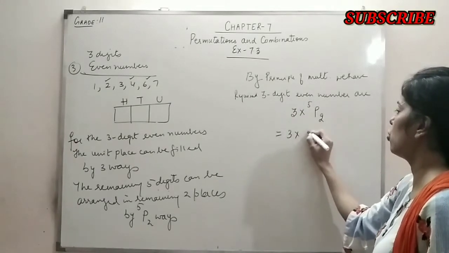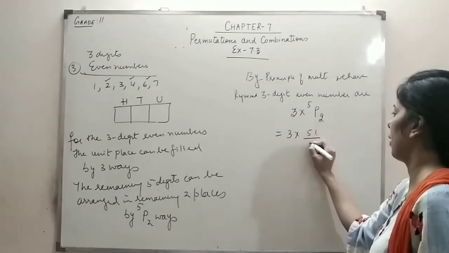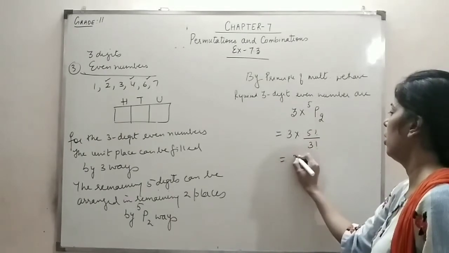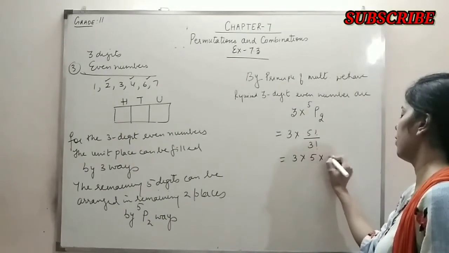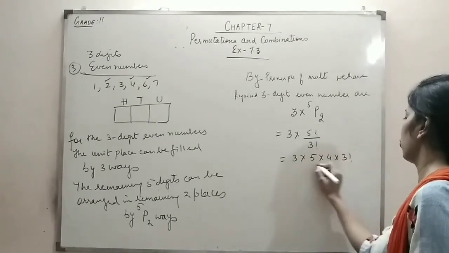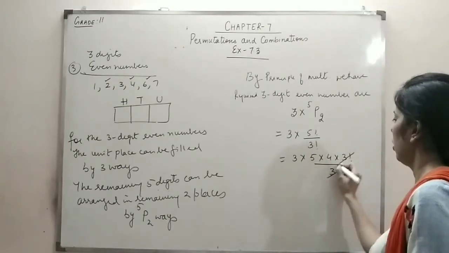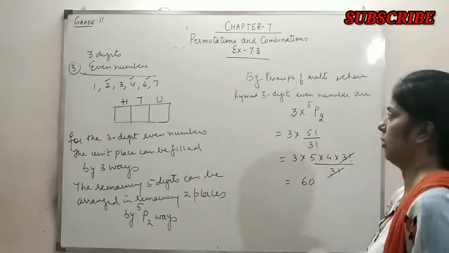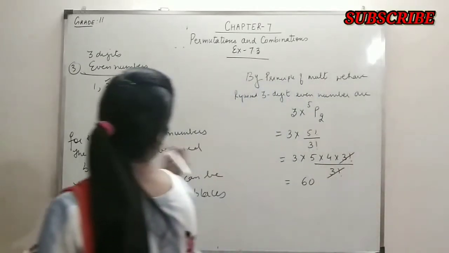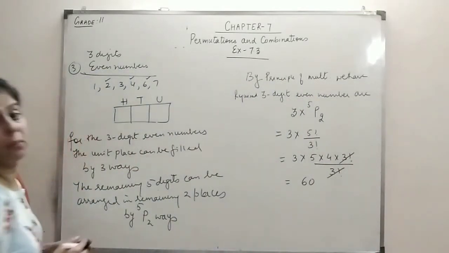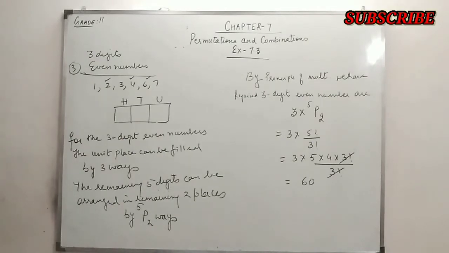That is 3 into 5 factorial upon (5 minus 2) factorial, 3 factorial. That is 3 into 5 into 4 into 3 factorial upon 3 factorial. That is 60. So the required 3-digit even numbers are 60 numbers. I hope it's clear.